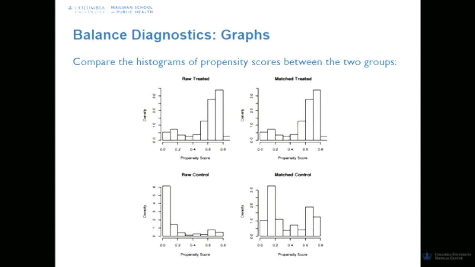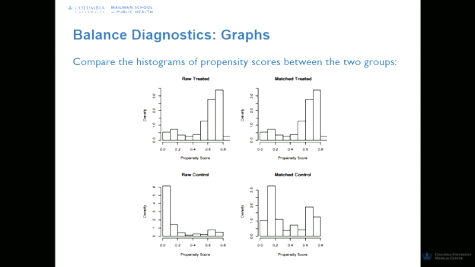Was the matching useful in this situation, before and after, or not so much? Not so much. In the raw, it's obvious that the two histograms of the propensity scores, notice the x-axis, are totally different. You would expect after matching them to be more similar, or to overlay. But this is not the case in this example.